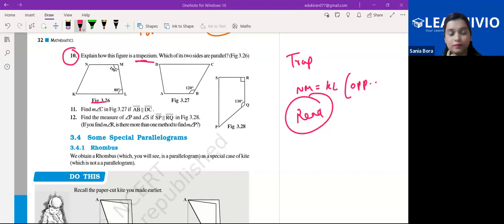Okay, everybody is done? I'll wait for a moment. Can you repeat the properties of a trapezium? The second property I didn't write fully.